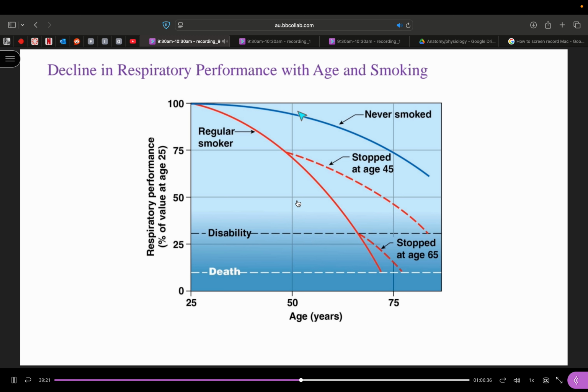However, there is help. If you can stop now, your chances of being able to restore that and expand your life significantly, with a run of good luck that you don't get any other diseases, is going to be vastly increased. It's not only just death rate as well, it's the onset of age of disability caused by a decline in your respiratory performance due to being a smoker.